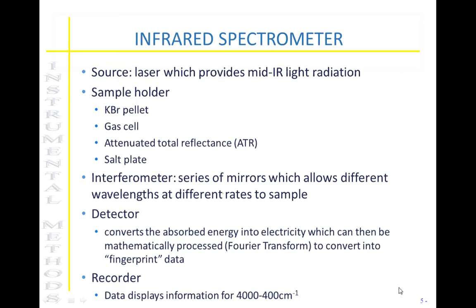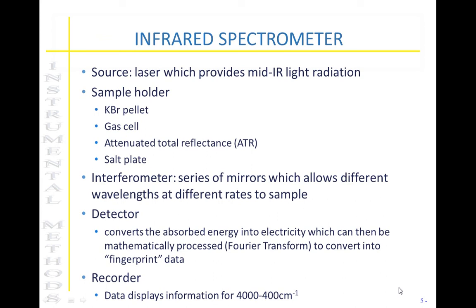The infrared spectrometer uses a source that is a laser that provides mid-IR light radiation. This light is going to hit a sample that is held by one of the methods shown on this slide, either a KBr pellet, a gas cell. Sometimes the sample may be just placed on top of the bench and an ATR is going to be utilized, or in some instances the sample may be put on a salt plate.